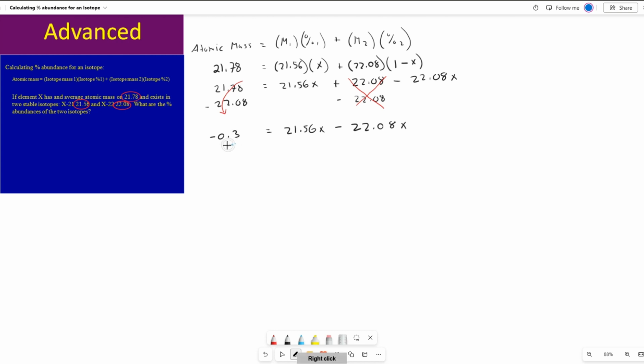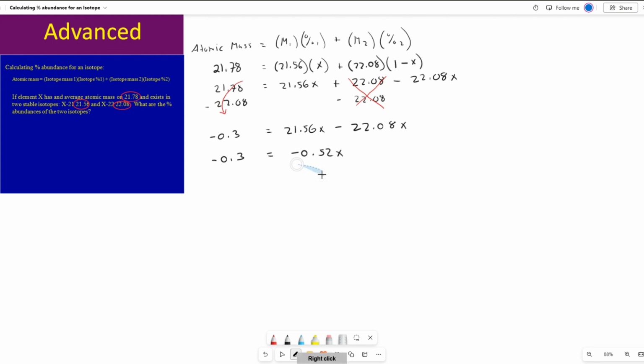So we have on our left-hand side the negative 0.3. And now on our right-hand side, we can just take 21.56x and subtract 22.08x. If we do that, we get negative 0.3 is equal to, and if you take 21.56 minus 22.08, you get negative 0.52, and that would be times x.